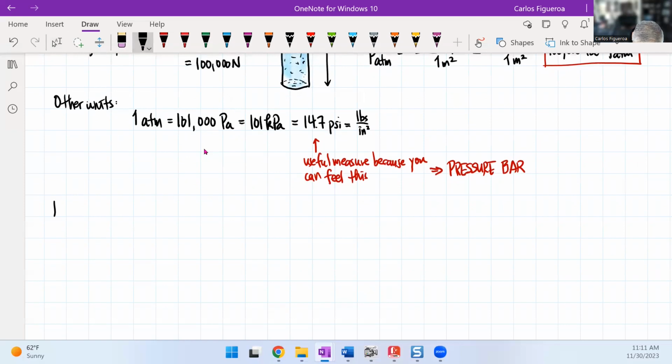So we'll define other things as we go along, but in part 1, what we really want to pay attention to is pressure and atmospheric pressure. Now remember, the way I'm going to write atmospheric pressure is PATM.